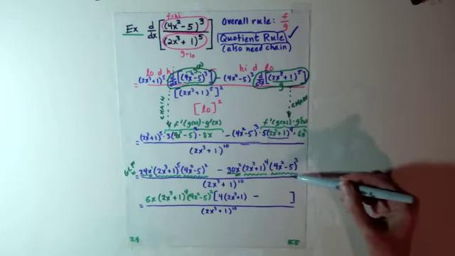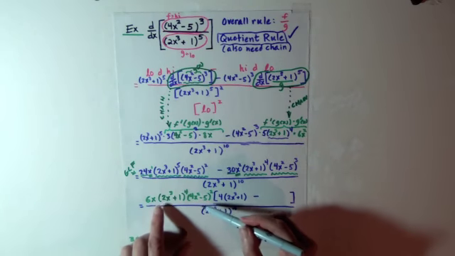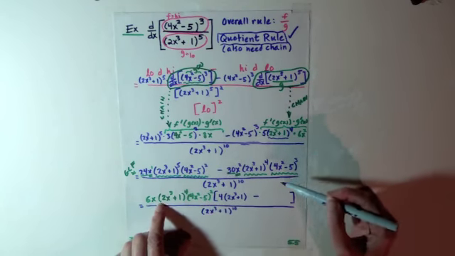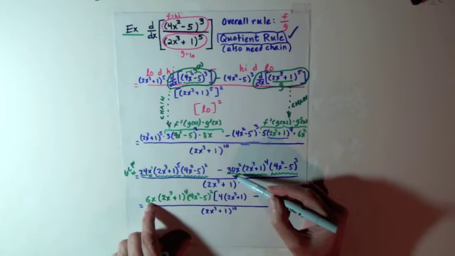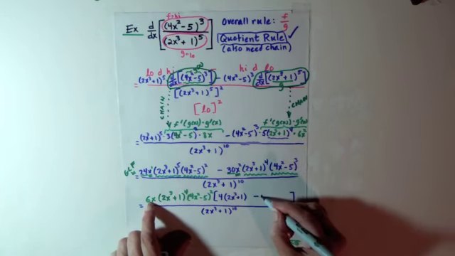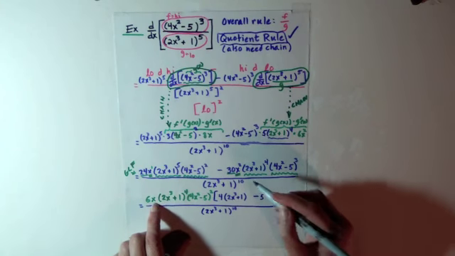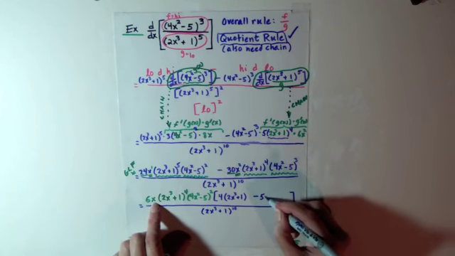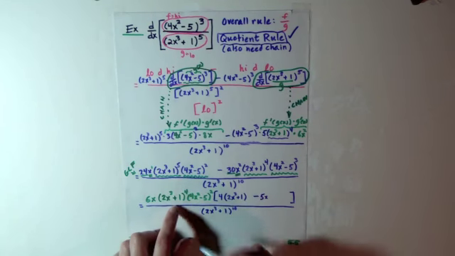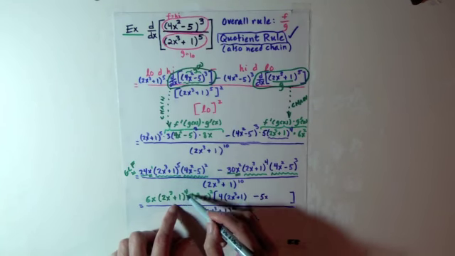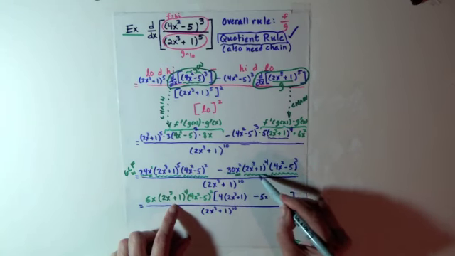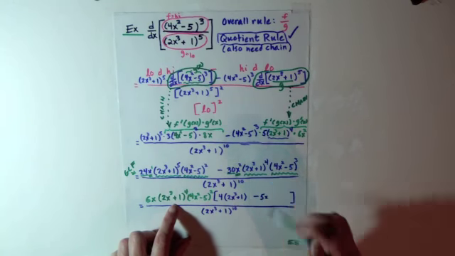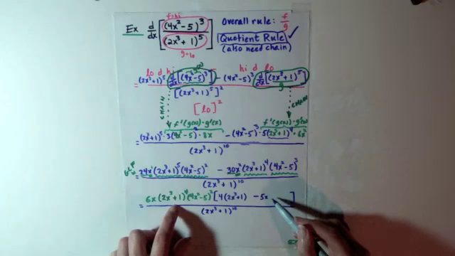Okay, let's go to our second term and see what's left when I pull these factors out of the second term. If I pull a 6 out of a 30, I will be left with a 5. If I pull an x out of an x squared, I'll be left with an x. If I look at the 2x cubed plus 1 to the 4th, well, that's this entire factor here, so I'm pulling that whole factor out, so I'm not left with any of it in here.